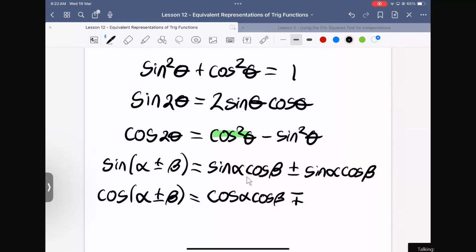Cosine's always a bit backwards. This one's upside down. And then we've got sine alpha, sine beta. That's all the formulas, if you memorize these ones.